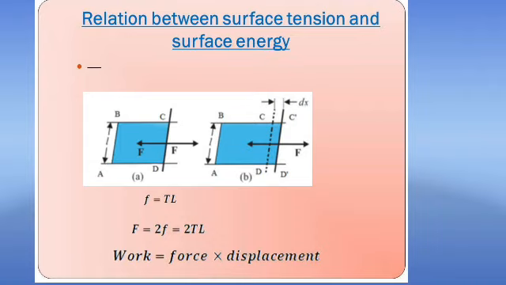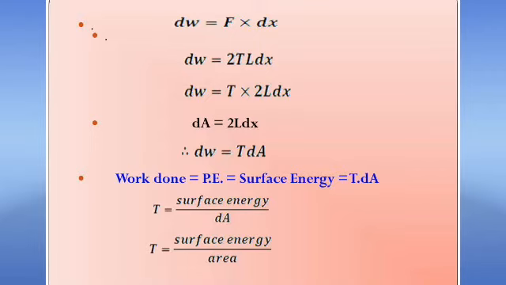Let the wire CD be pulled out through a small distance, that is up to C dash D dash, against the force F dash. The work done during this displacement is W is equal to force into displacement, that is F dash dx.